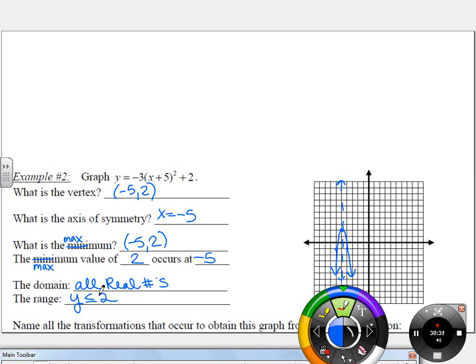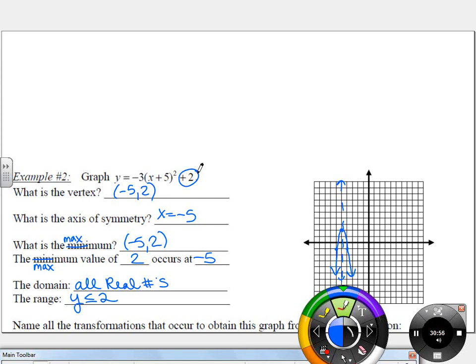All right, give me the transformations. Let's hear them. Let's see, who hasn't talked to me yet today? How about new people? Okay, Monet, give us a transformation. Good. So one transformation is it translated up 2 units.